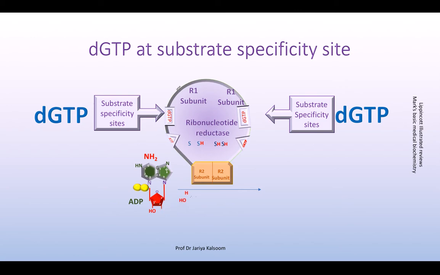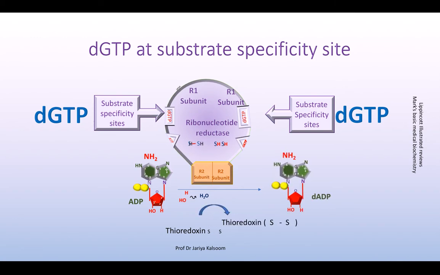Again, these sulfhydryl groups provide the hydrogen atoms. The sugar moiety is reduced, and the oxidized form of the enzyme is reduced by thioredoxin, and the oxidized form of the thioredoxin is reduced by NADPH, and this cycle continues, and DADP can acquire phosphate, and then it's converted to DATP.